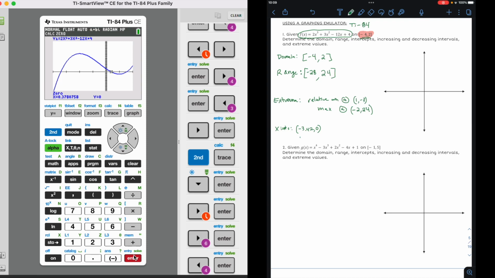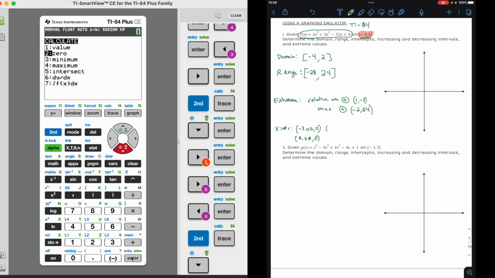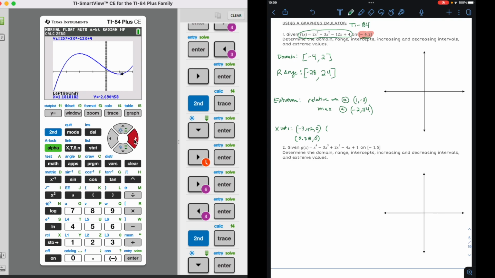So we're just going to roll with it, but we'll say 0.38, 0. Okay, and then our last one, we'll go second calc, 0, scroll on over, left bound, right bound, and go for it. Again, that's probably an approximation. It's probably an irrational number. So we're just going to go 1.55, 0.